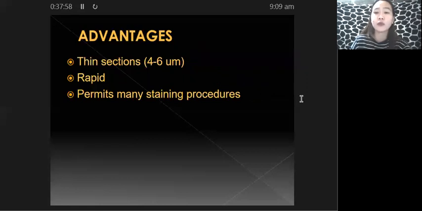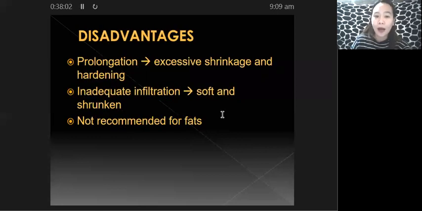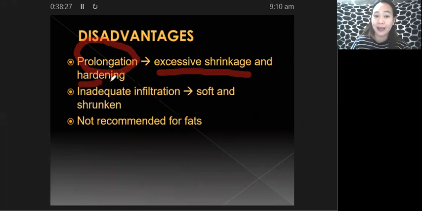Okay, so now let us consider what are the disadvantages of your paraffin wax. The disadvantages of the use of your paraffin wax include the following. Prolonged immersion of your tissue sample in paraffin wax will cause excessive shrinkage and hardening.